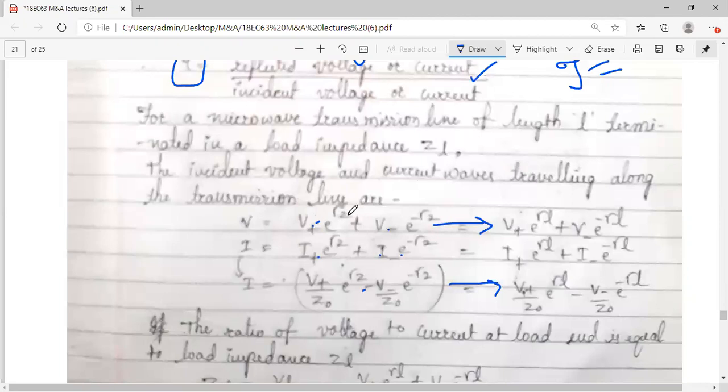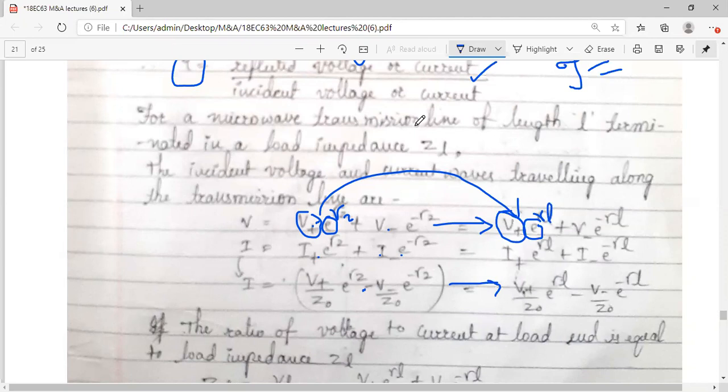Now observe what changes have been made in these two terms. There is a V plus term, there is an exponential term, the power is gamma. Instead of Z, I have taken L. So what is L? L is the length of your transmission line.